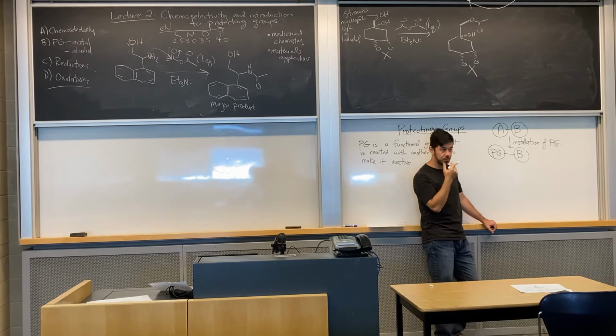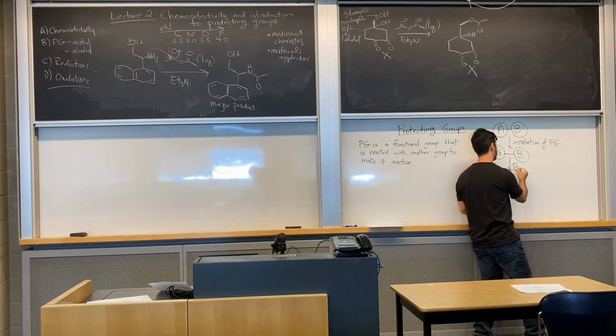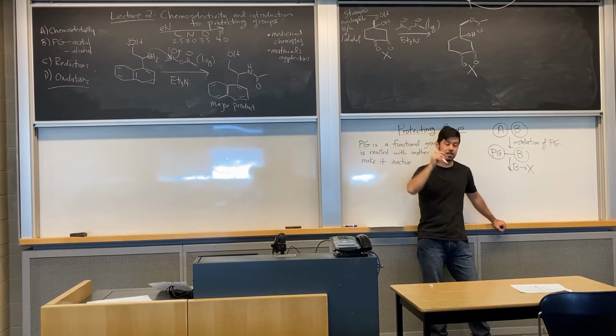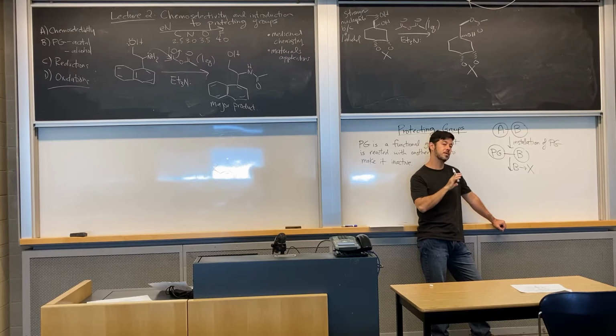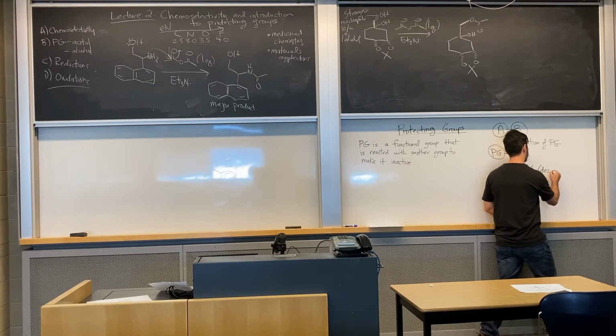After we do this, we now do our desired transformation of whatever B to X is. So in these cases up here, we're going from an alcohol to an ester. So B to X, the desired transformation.